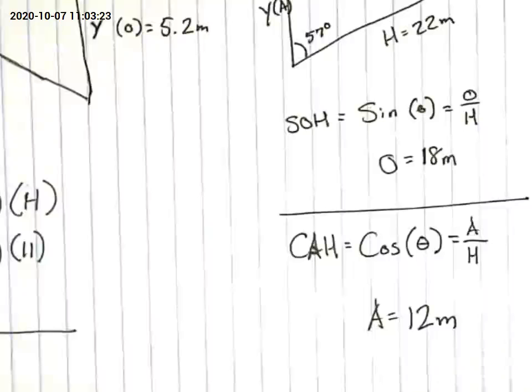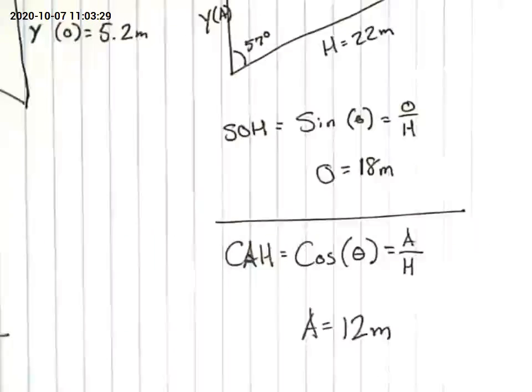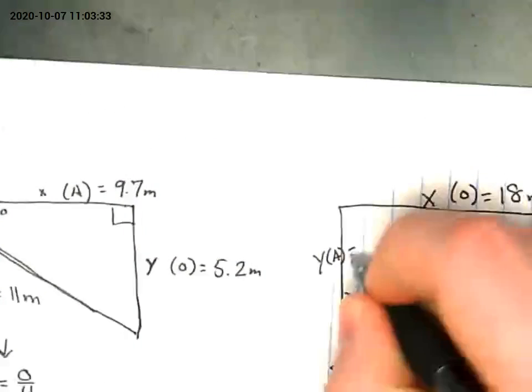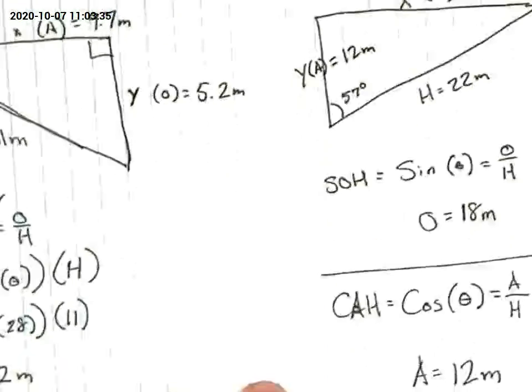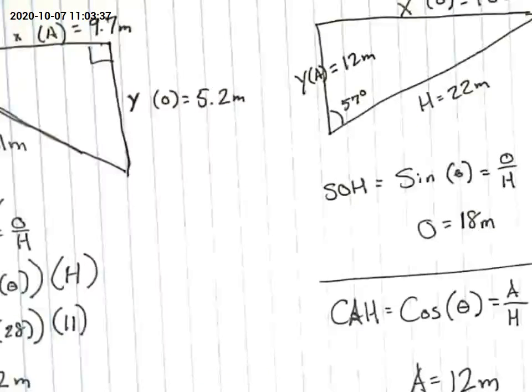I get 11.98, so we'll keep it at 12 meters, just to keep sig figs. Then we're going to put that up here, so this is going to be equal to 12 meters. Okay, nice. So we've got that.